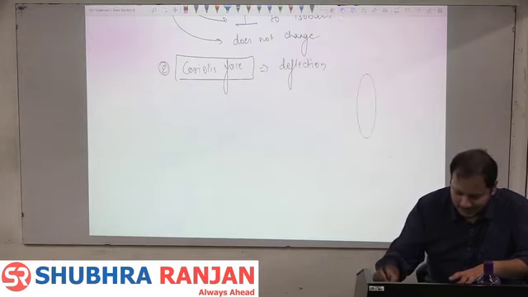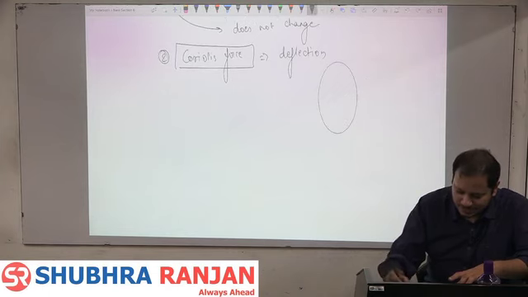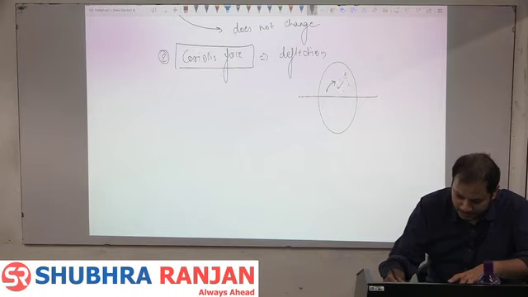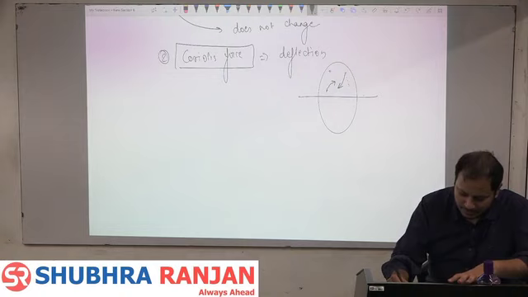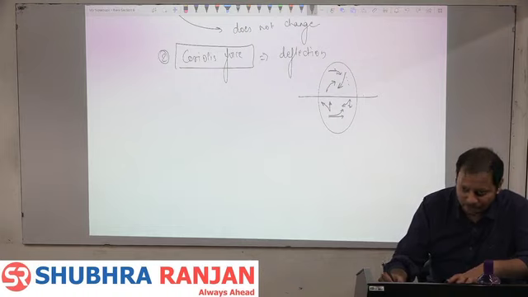Any wind in the northern hemisphere, rather than coming straight, will get deflected to the right of its direction. And any wind in the southern hemisphere, if it is going this way, it will get deflected to the left. If it is going this way, it will get deflected to the left of its direction.